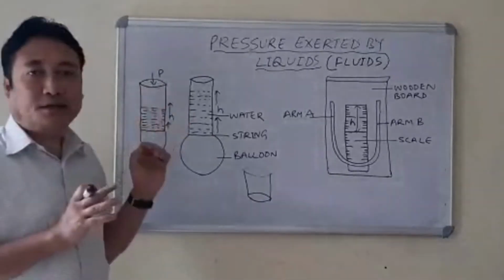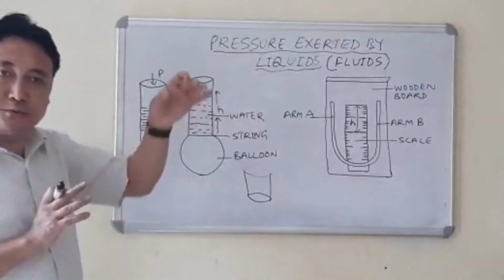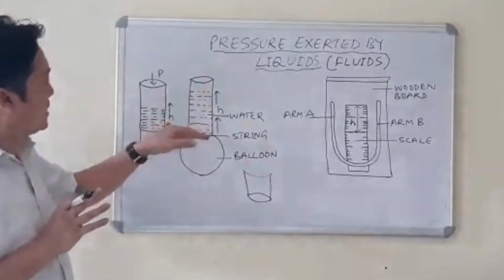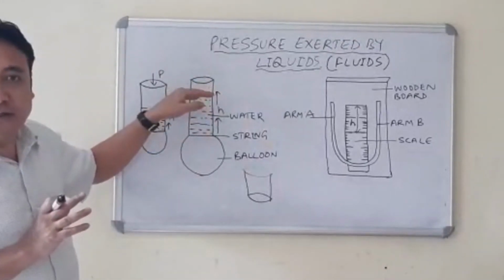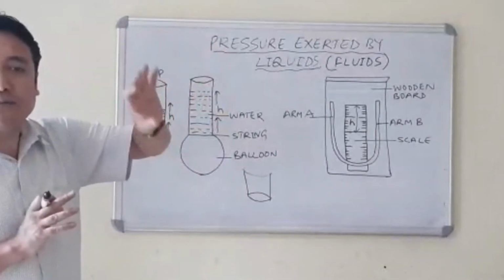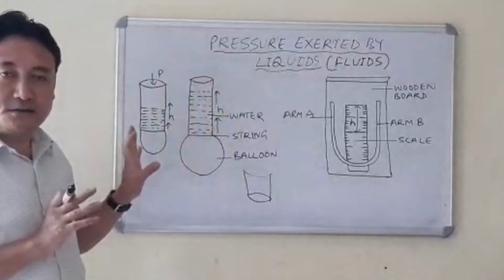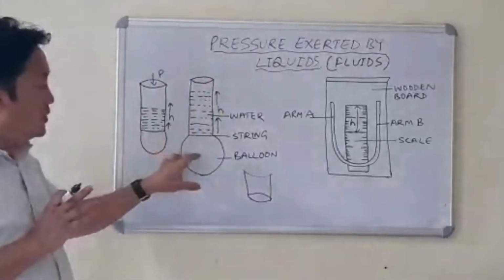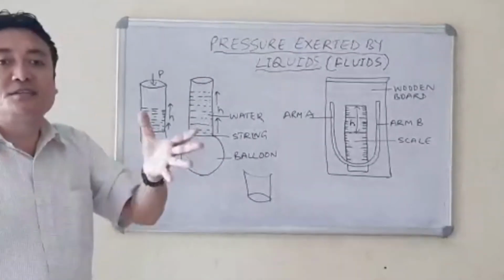Now, in the second case, you go on pouring the water so that the level of the water, or the height of the liquid column, increases. The more water you pour into this glass tube, the more the balloon gets inflated. That means the balloon increases further in size.